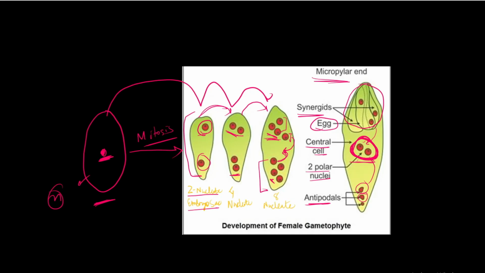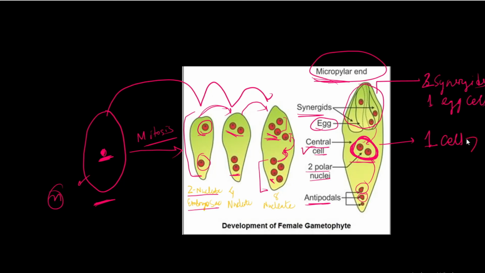In this embryo sac we can see the presence of two synergids and one egg cell at the micropylar end. In the center we can observe only one cell, called the central cell, in which there are two polar nuclei.